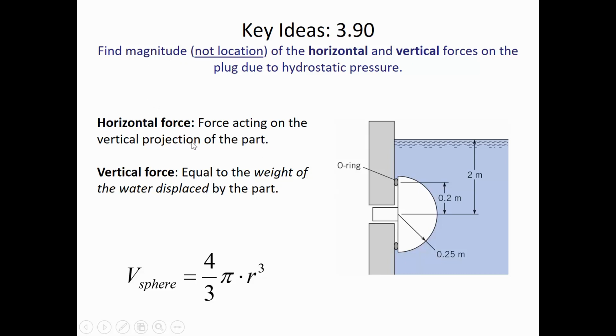So for the horizontal, you have to think about, what does the vertical projection look like of that hemisphere? It's going to be a circle. And they give you the dimensions of the O-ring for a reason, because that hemisphere has water acting on it from both sides until the O-ring traps the water out. So let me draw it like this.